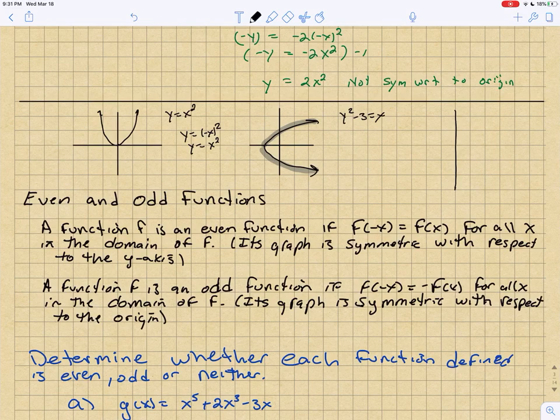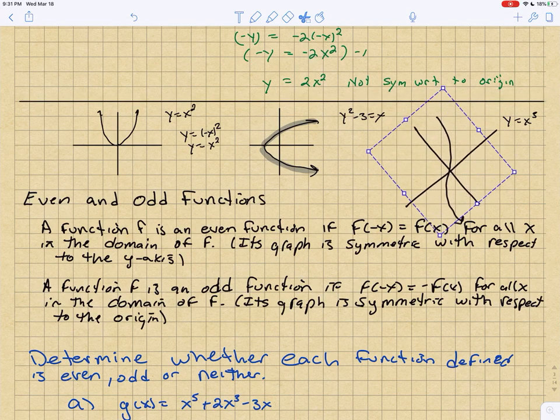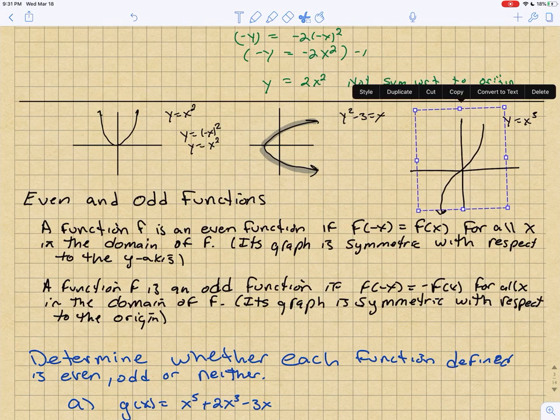Here's one other example of a problem to look at. I'm going to sketch this, so it's not going to be perfect. This is y equals x cubed. That one we're going to tell you right now is symmetric with respect to the origin. What's interesting is if I take this function and I rotate it 180 degrees, it should look like the original, and it does.